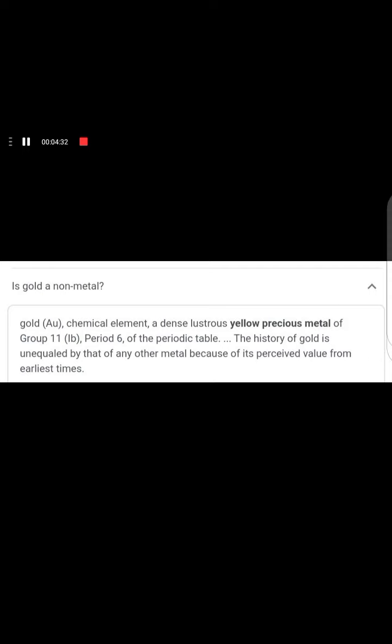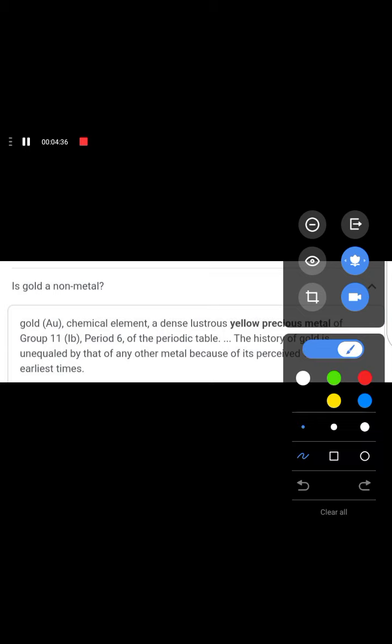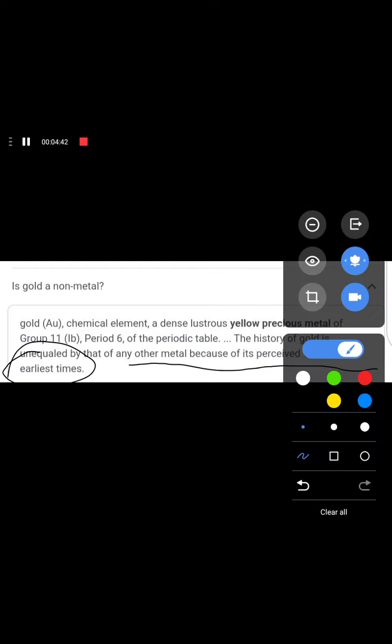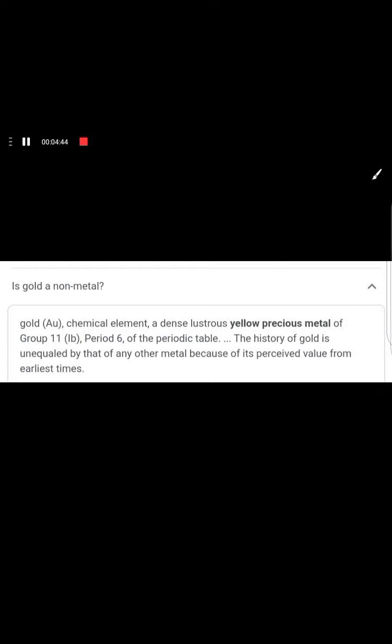As for the history of gold, it was not equaled by any other metal because it was prized and valued from the earliest times. Yes, gold has been found from the earliest times, not only in modern times.